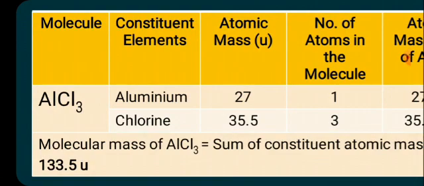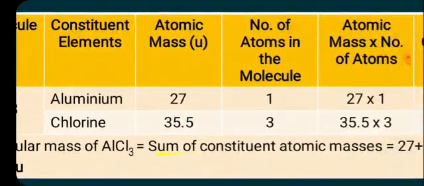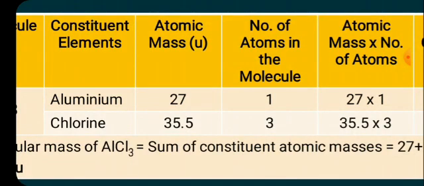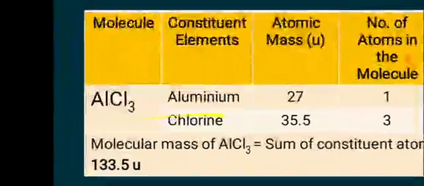aluminium chloride. Molecular formula is AlCl3. Constituent elements are aluminium and chlorine. Atomic mass of aluminium is 27 and chlorine has atomic mass 35.5. Number of atoms in the molecule.